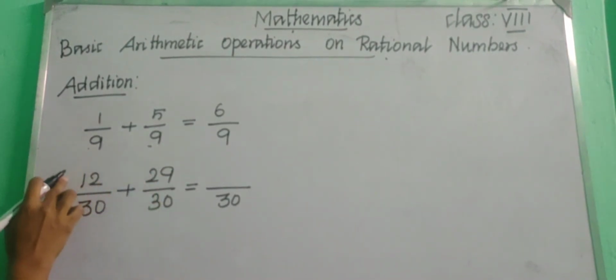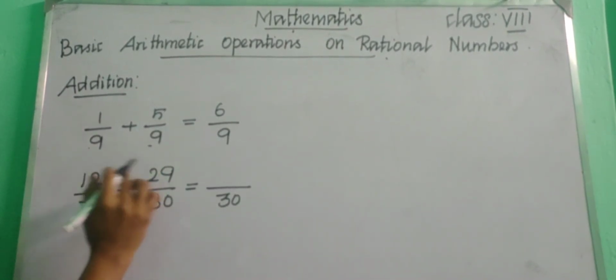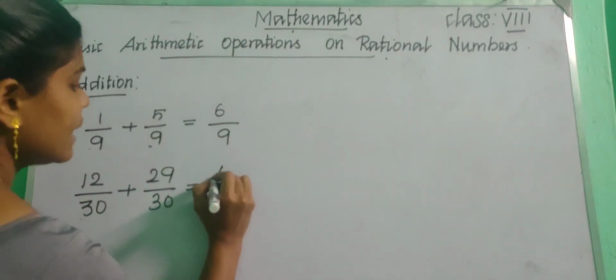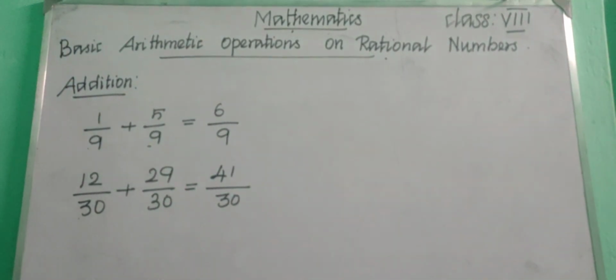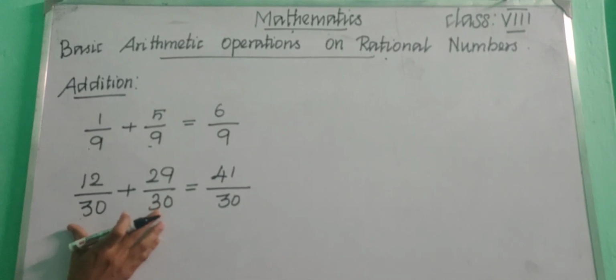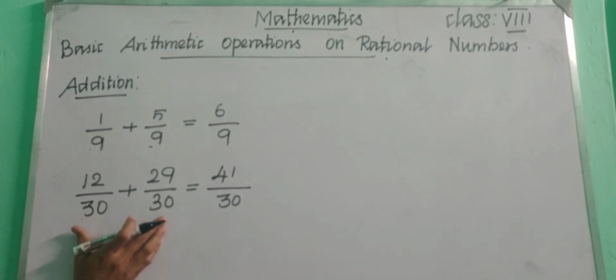So 29 plus 12 means 41, okay, 41 upon 30 is the answer, right? So simply if we are having same denominators, means simply we can write the answer as the same. Now we have learned to add only two rational numbers, right?